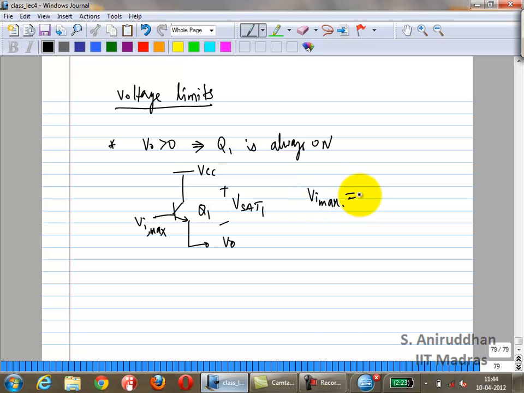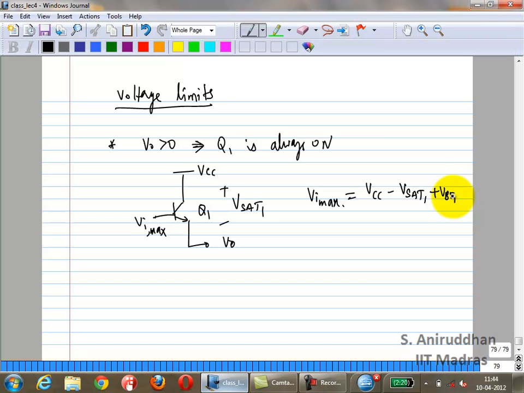What is Vi max? Correct? It's VCC minus VSAT1 plus VBE1. Correct?